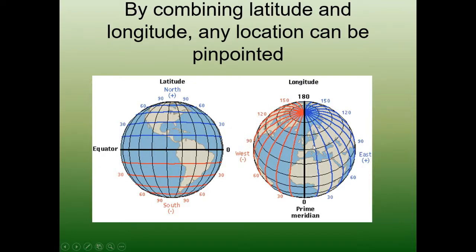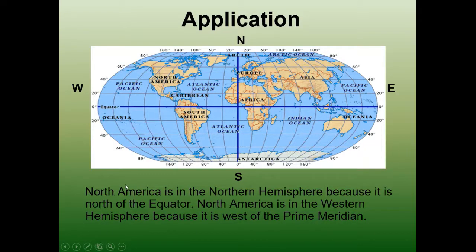And so when you put these two together, you have this grid section that I mentioned previously. With the equator, here is your 0 degrees latitude.